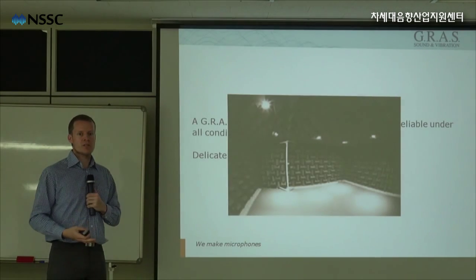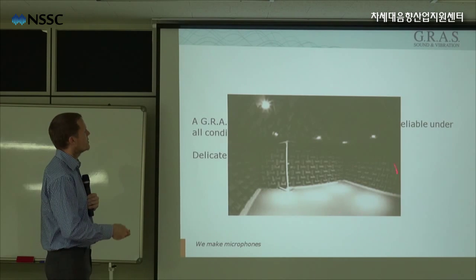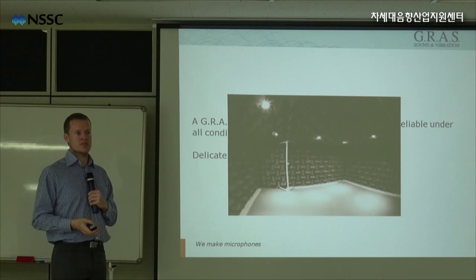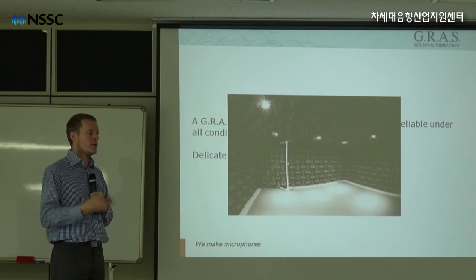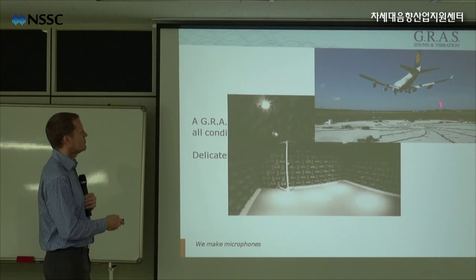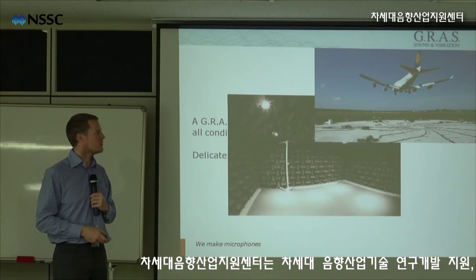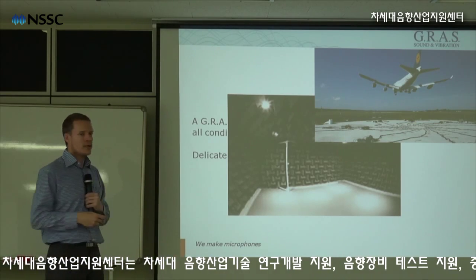Some different environments where the microphones are being used. For example, anechoic chamber. So typically this is not an extreme environment. This is where the microphone will have an easy life. But if you go into other environments like flight test, where you have a ground array to measure on the flight when it flies over, it's a different environment.